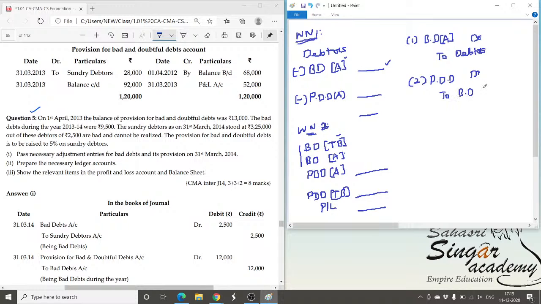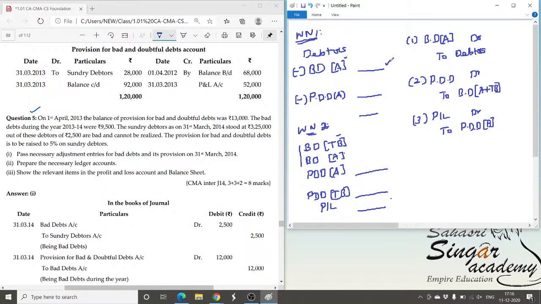This bad debt is nothing but the bad debt given in the adjustments as well as the trial balance, both put together, the total bad debt. And the third part is the amount supposed to be created further as per the balance to be maintained. For that, the journal entry will be profit and loss account debit to provision for doubtful debts to be maintained, which is the PDD given in the adjustment.